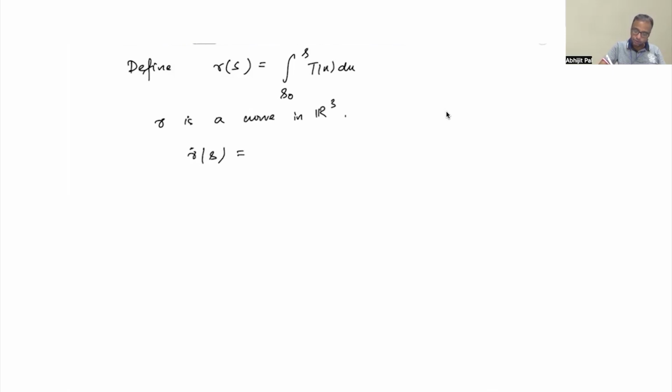This is equal to T of S. T is a unit vector, so this will imply that gamma is a unit speed curve.